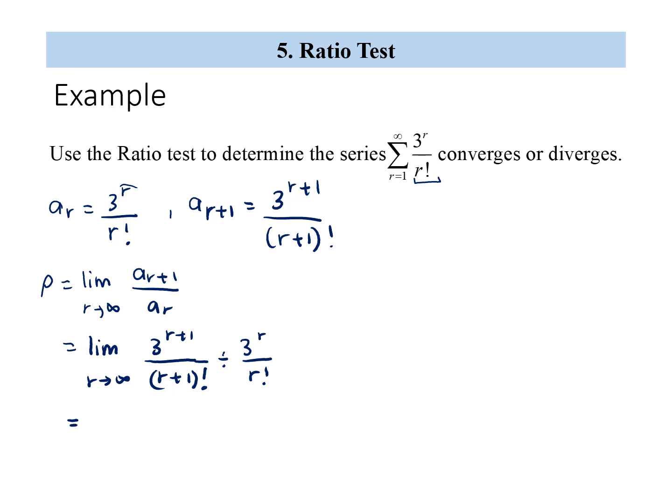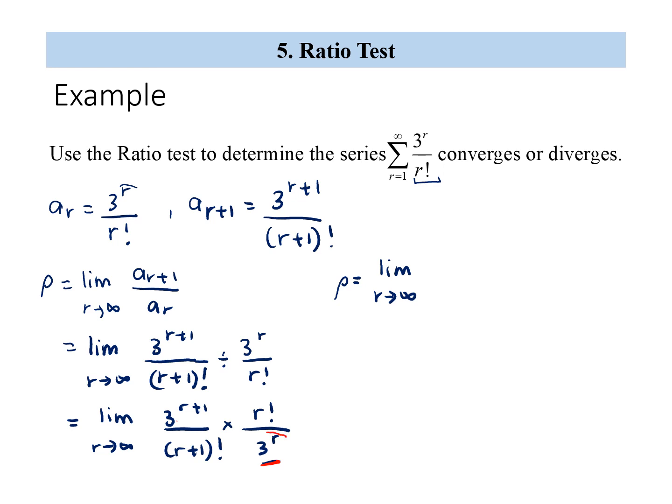So if we rewrite and simplify this, it will be multiplied by r factorial over 3^r, as r approaches infinity. Now our rho becomes the limit of this. First we simplify 3^(r+1) over 3^r.